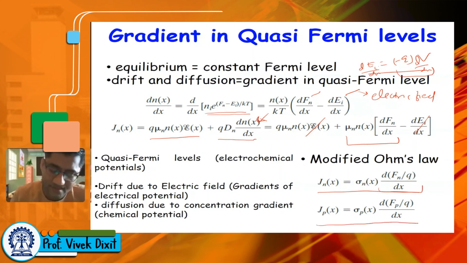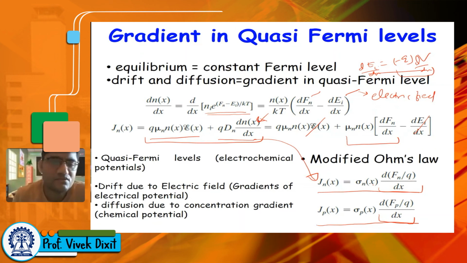Similarly, hole current density is given by simply the derivative of the hole quasi Fermi level. So instead of using the equation with drift plus diffusion, it is equivalent to an equation having the derivative of the Fermi level, right? So your current is always proportional to the derivative of the Fermi level.